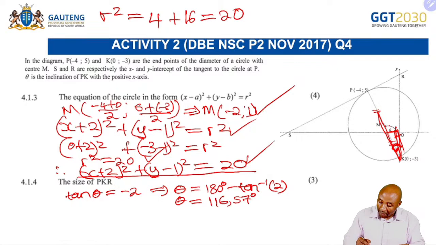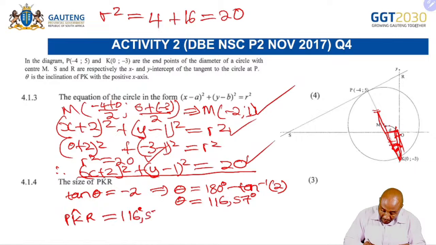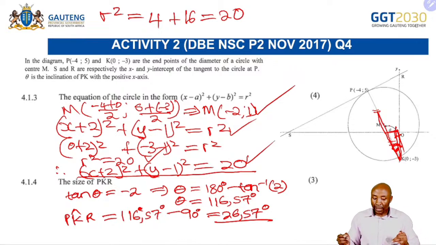And then from there on, to get PKR, we are going to say 116.57 degrees minus 90 degrees, and this will give us 26.57 degrees as the size of angle PKR, and we will get our 3 marks for that.